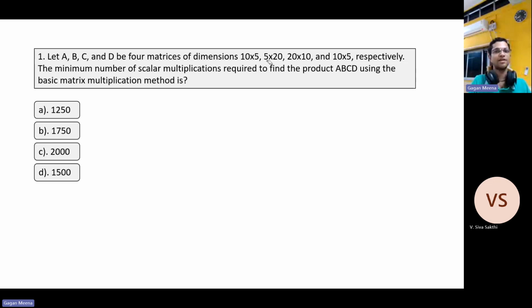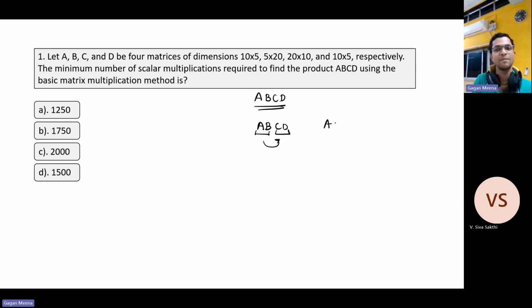We want to find out how to do this multiplication ABCD such that we require the minimum number of scalar multiplications. One can do it in different ways, right? We can multiply AB together, CD together, and then multiply these two to get ABCD.